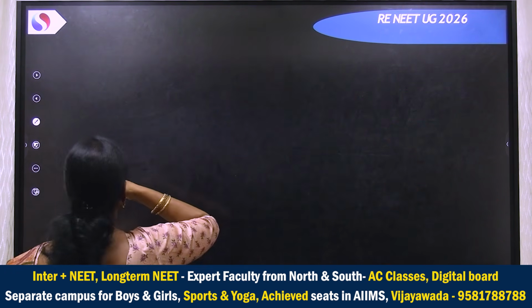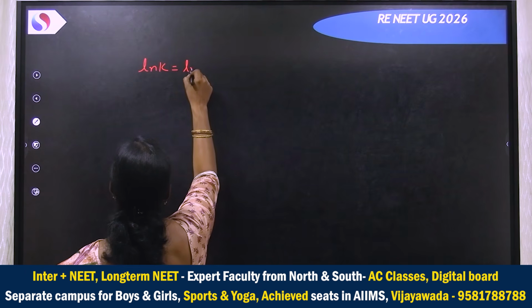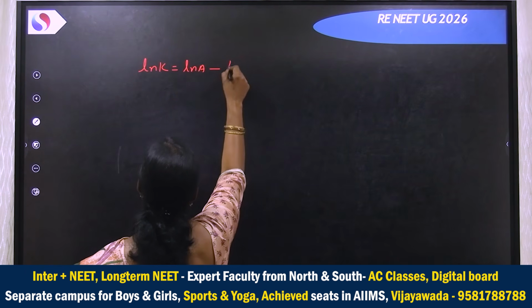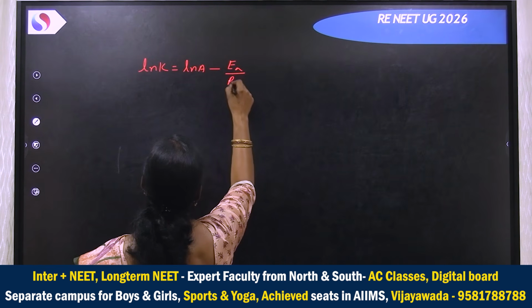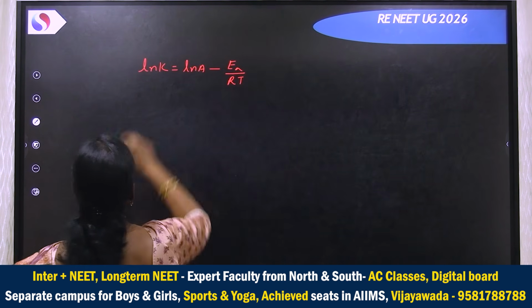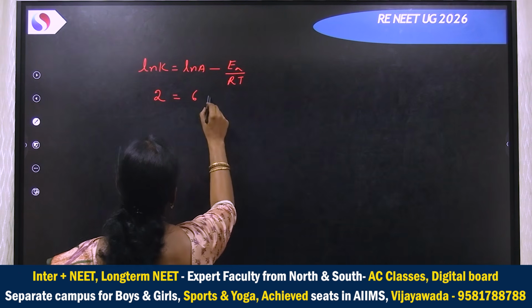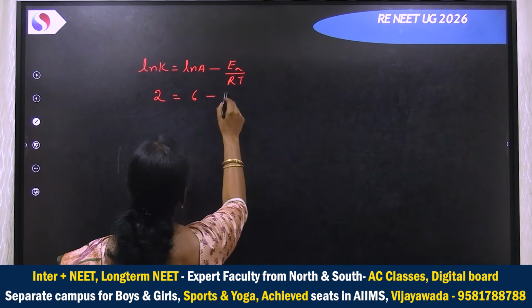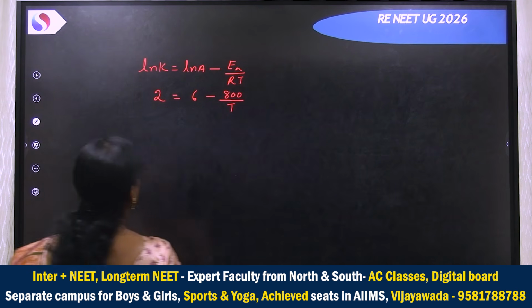Therefore, ln k equals ln A minus Ea by RT. The ln k value is 2, ln A is 6, minus Ea by R, which is 800 by temperature.